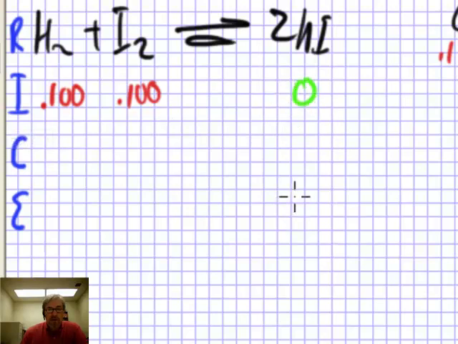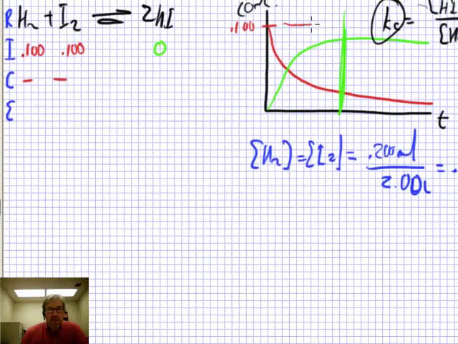What are the changes? Now here's where stoichiometry comes in. We know that this reaction is going to shift to the right. We're going to produce HI and use up H2 and I2. So we're going to lose some moles of H2, and we're going to lose some moles of I2. How much? The concentration of H2 and I2 are going to drop from 0.100 down to the equilibrium value of we don't know what. Well, it's a variable, an unknown.